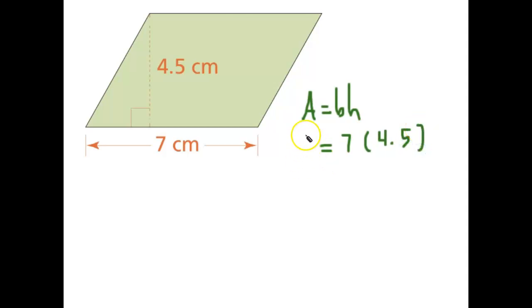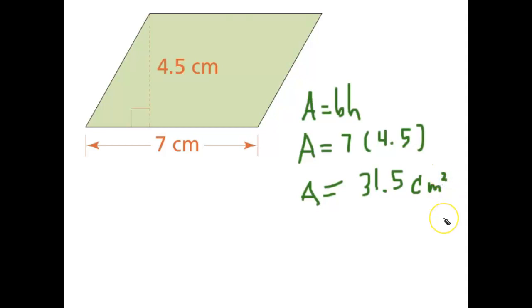So now the area of this parallelogram, if you use your magical tool, 7 times 4.5, gives you 31.5. And I want you not to forget the units of measurement. That's what we're always forgetting. So if we put centimeter and centimeter here, that's always going to be square centimeter.